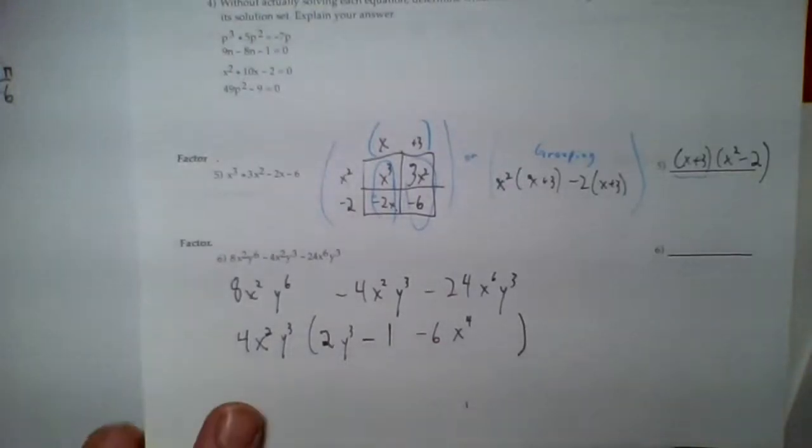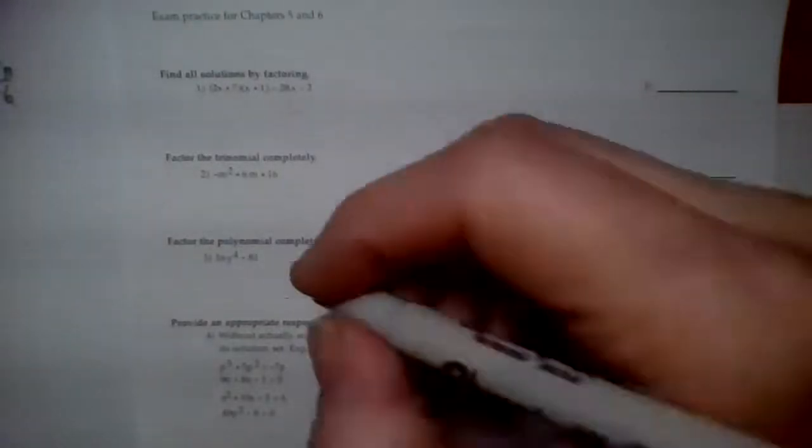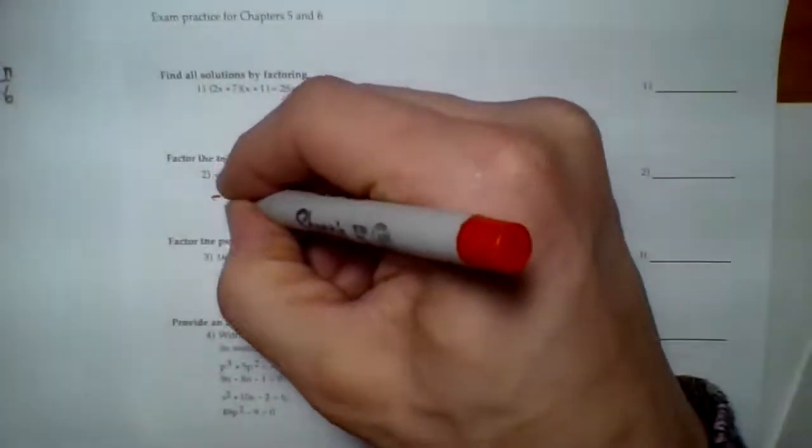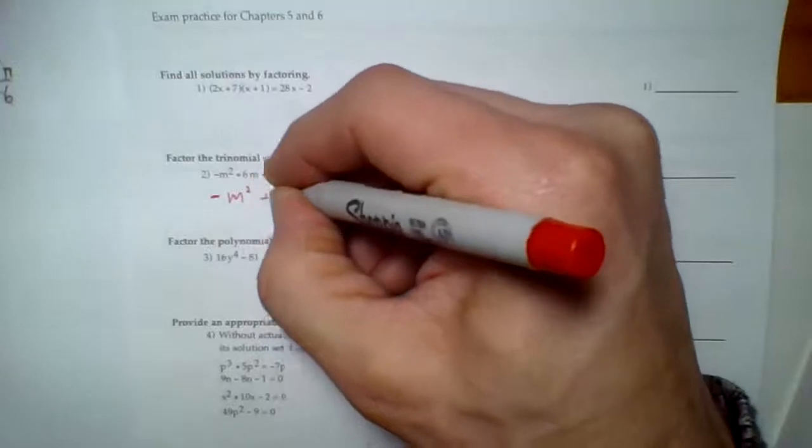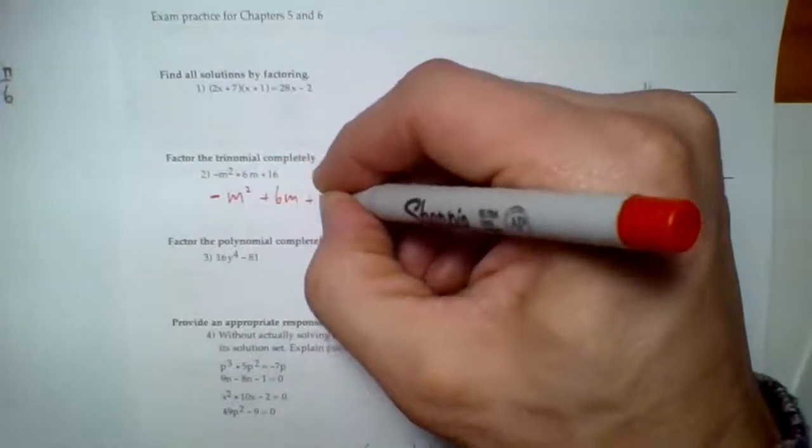Let me do one more factoring while I'm on this page, because number 2 up here is another 3-term factoring. Something slightly different happening here. I got -m squared plus 6m plus 16.